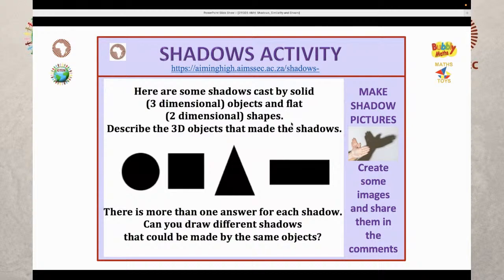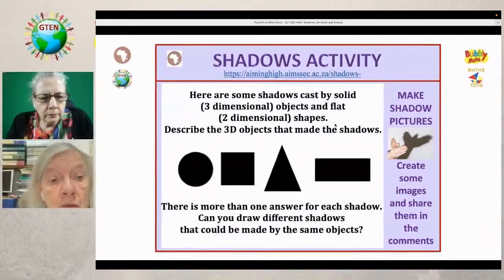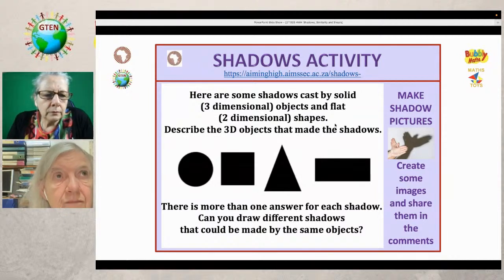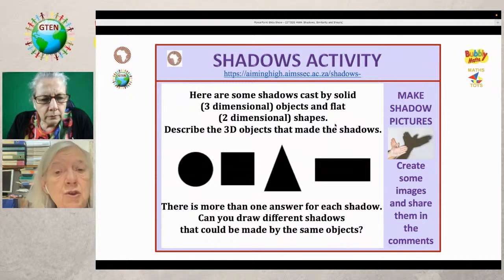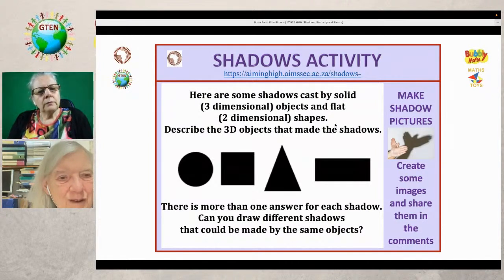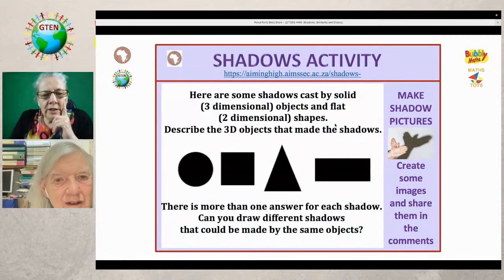Now in the picture there, we've got a circle, a square, a triangle, and a rectangle. And the question is, if those are the shadows, what 3D shapes could have made those images? So they're shadows. What 3D shape would make the shadow?